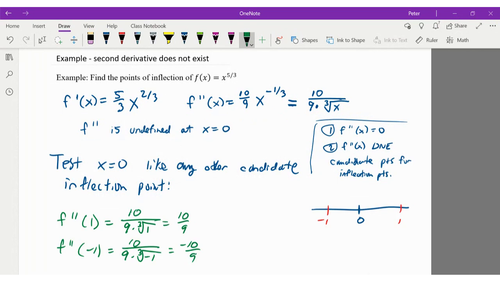Okay, so on this side we have negative concavity, and on this side we have positive, or up, concavity. So what that means is that it is true that x equals 0 is an inflection point.